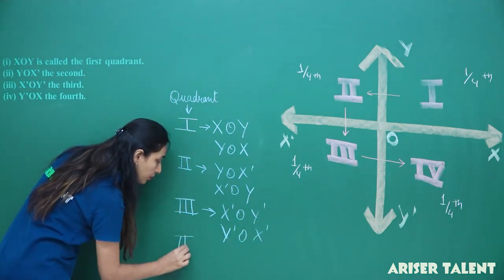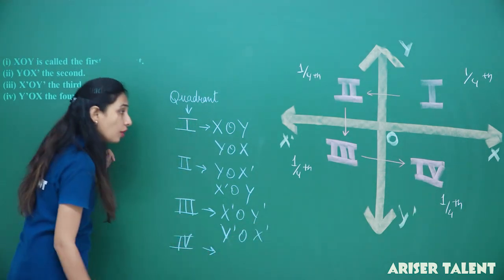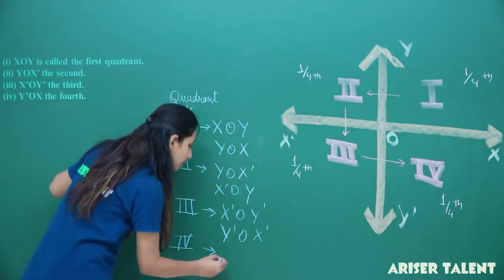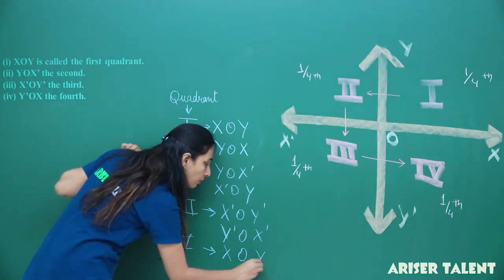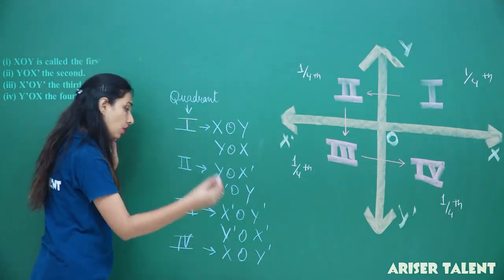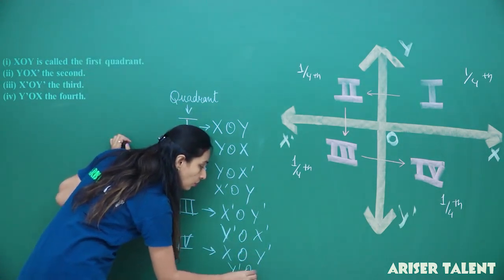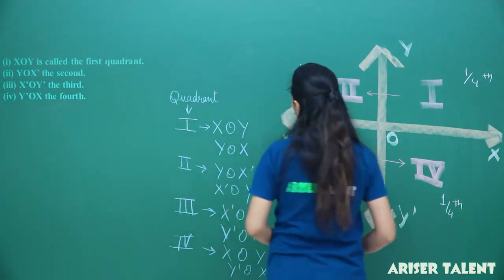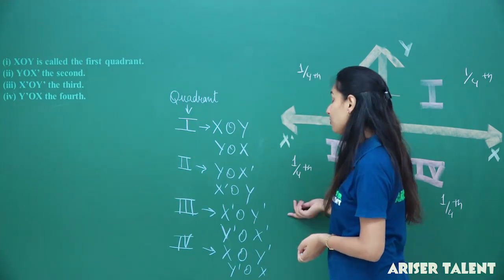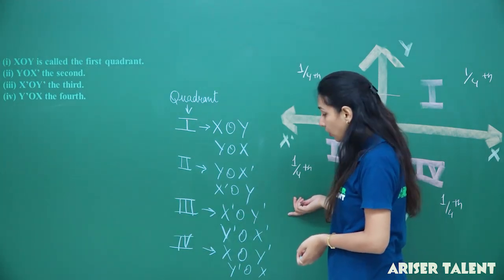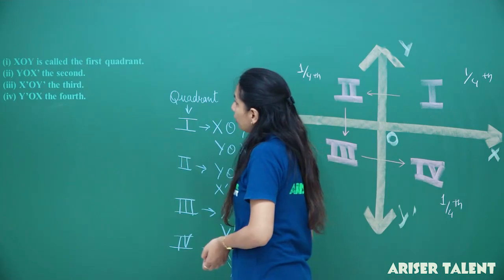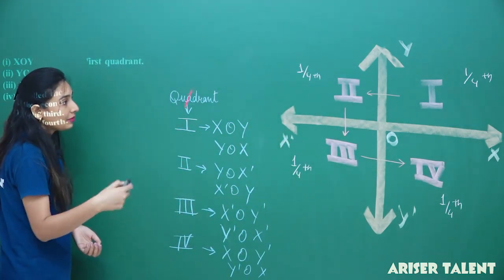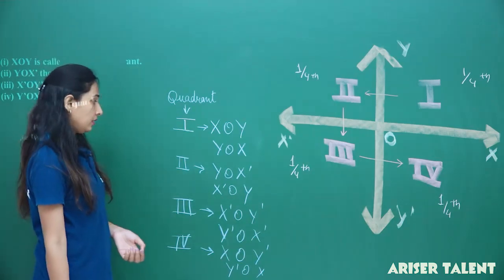If I talk about the fourth one now, that is x O y dash, or y dash O x. So these are the four quadrants we have to deal with, right? Okay, so note this completely, noted, right.